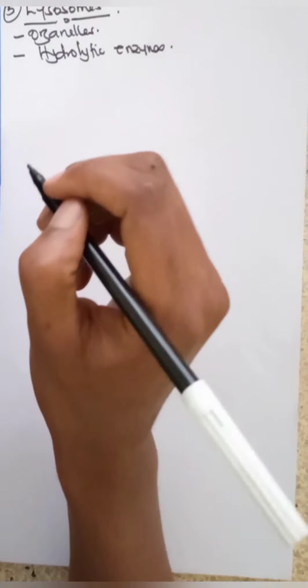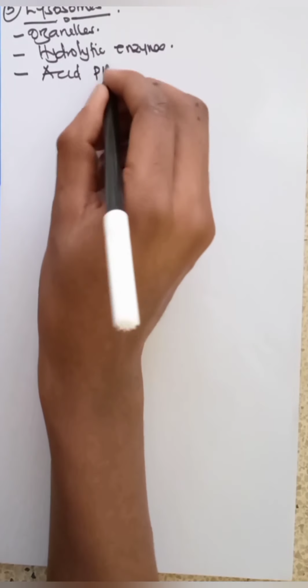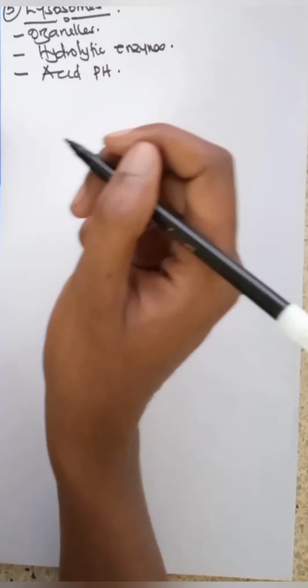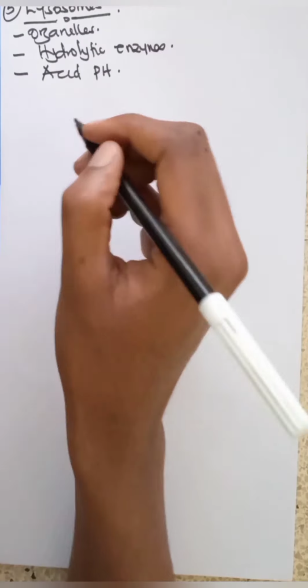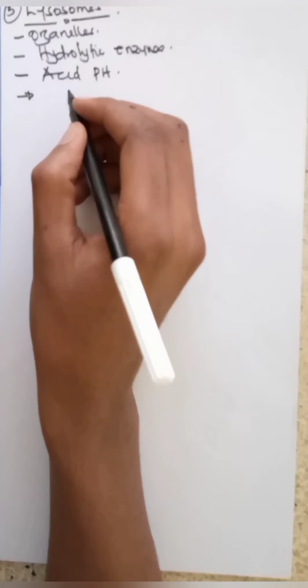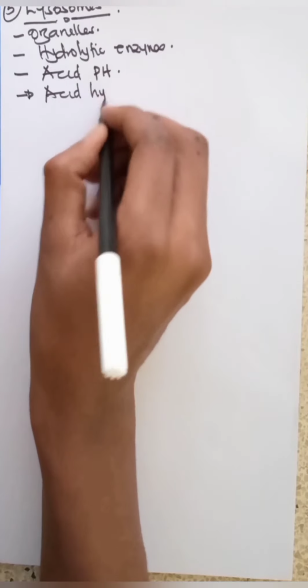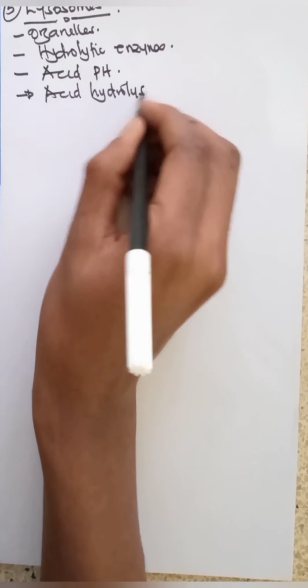And these hydrolytic enzymes act in acidic pH. And because they act in acidic pH, they are named acid hydrolases.